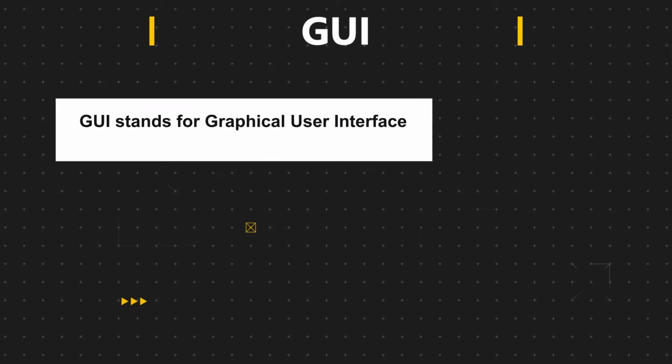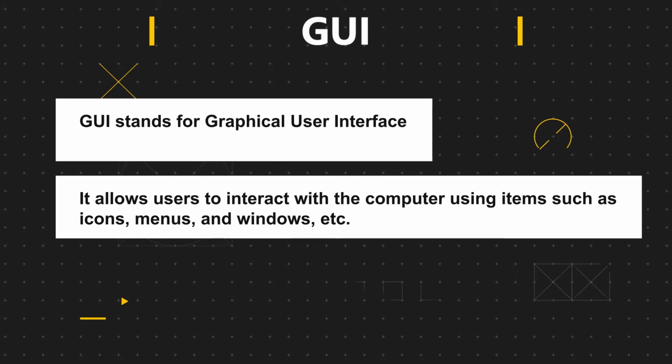GUI is a form of user interface which allows users to interact with computers through visual indicators using things like icons, menus, and windows. It allows you to use things like cursors to interact with your computer by clicking on menus and expanding icons, clicking on icons, and doing different things.